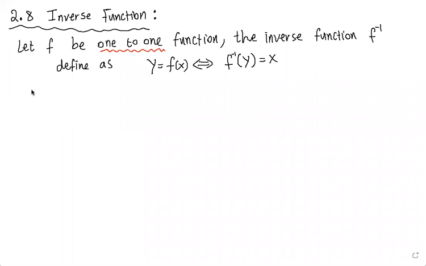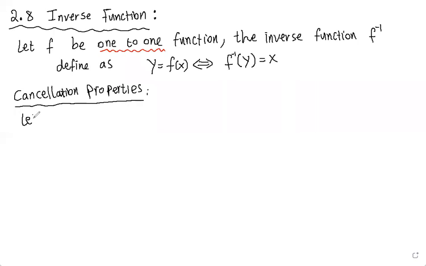So the cancellation property says: let f be a one-to-one function. This means a one-to-one function.